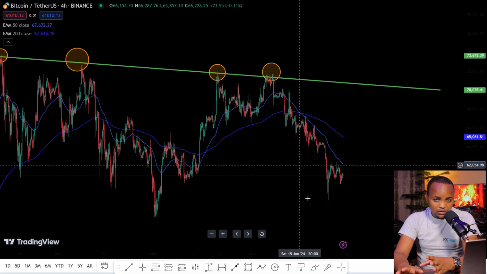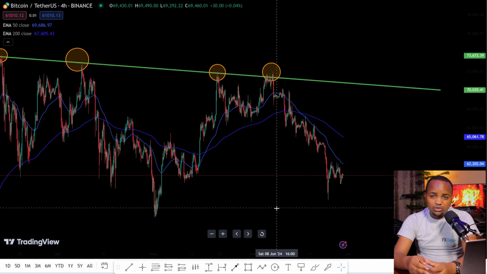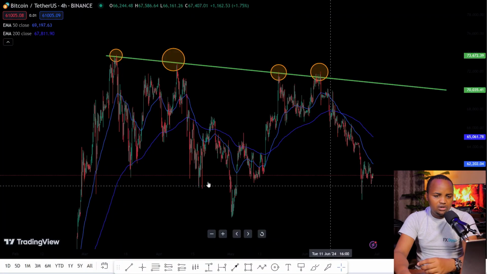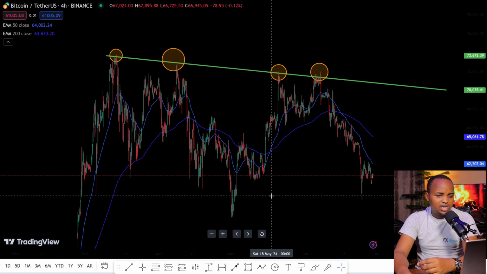But the 4-hour time frame is actually magical because it is in between the lowest time frame and the highest time frame, and that makes it more interesting. Let's proceed by looking at the next one.